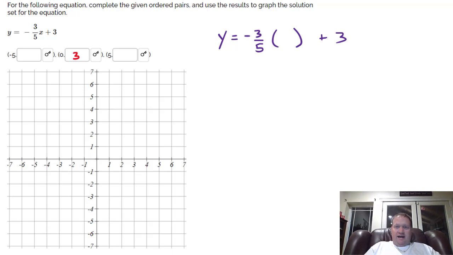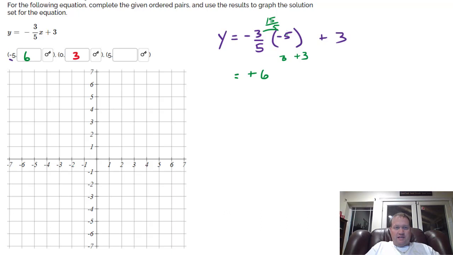I'm going to put a number right there so we can do the work. Let's put the negative 5. So I'm putting in this first number right there, and the most important thing is that we get the sign right. Negative times a negative is a positive, and we're going to multiply by a top. 3 times 5 is 15, and then divided by 5 is 3. And so 3 plus 3 is 6. So the answer is a positive 6.